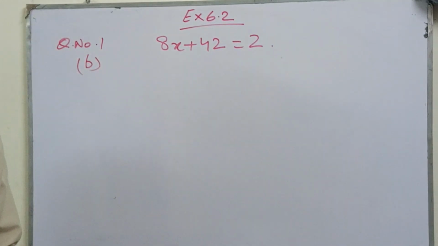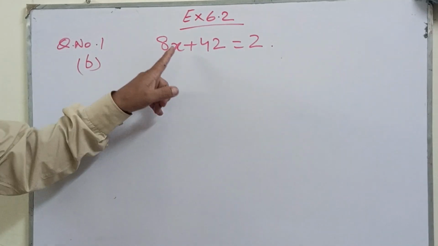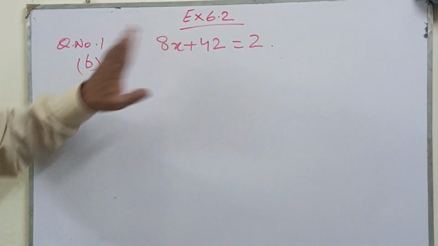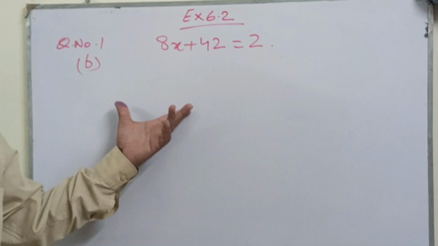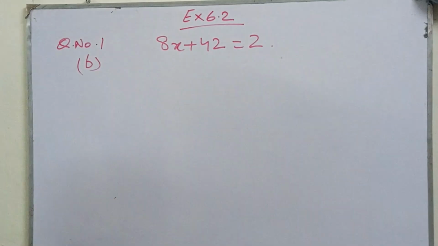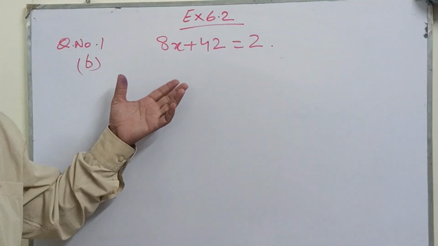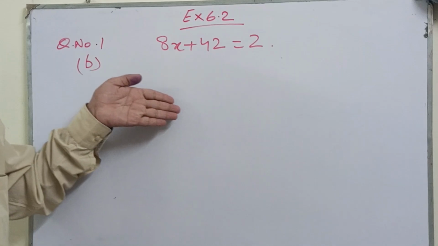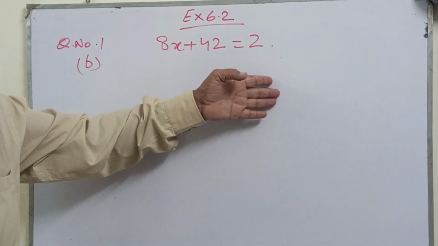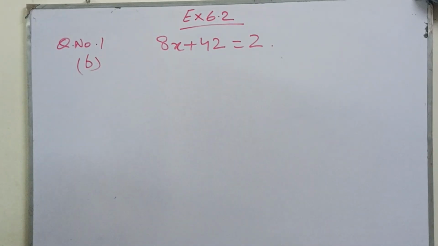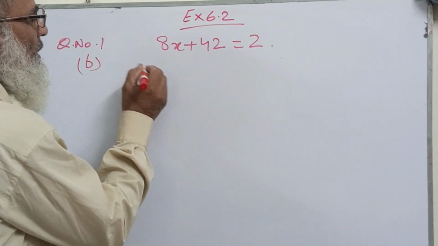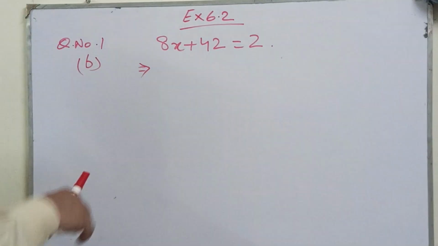This is the linear equation. As you know, what I told you, that if the power of the x is 1, then it is the linear equation. And number 2 point is that only one side has the variables, the other doesn't. Now this is a very easy thing when you tackle such sort of question.